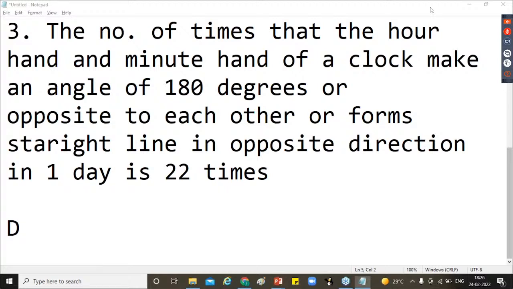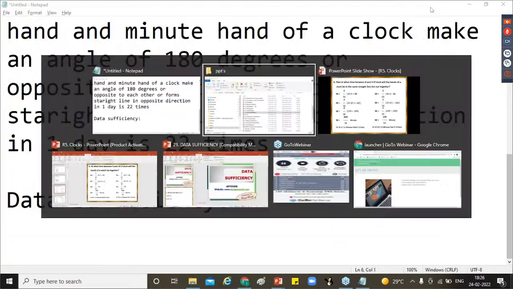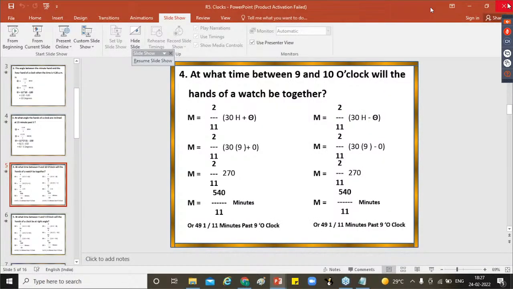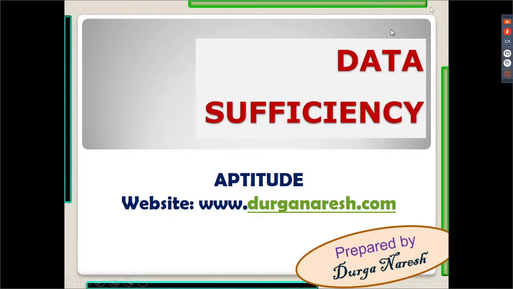Data sufficiency. Most important topic for most of the companies. What exactly is the meaning of data sufficiency?